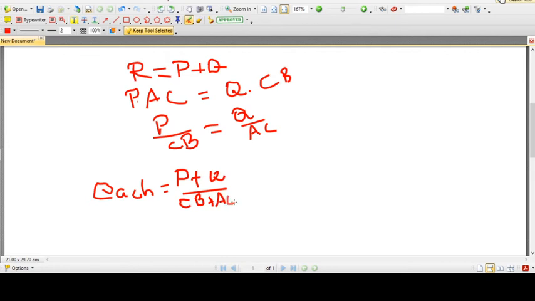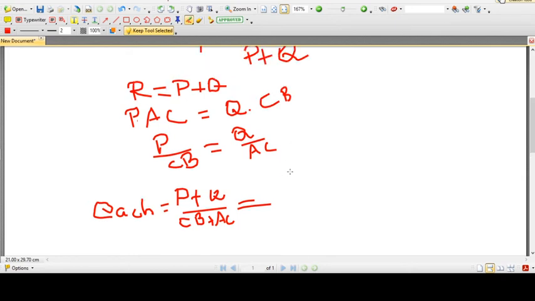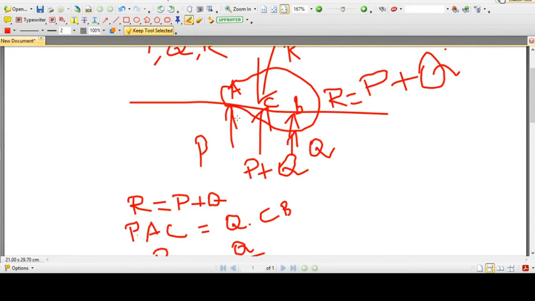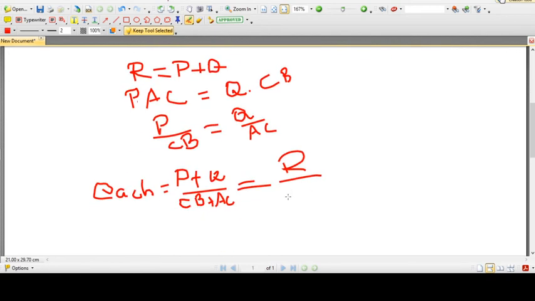But P plus Q is equal to R, and CB plus AC is equal to AB.